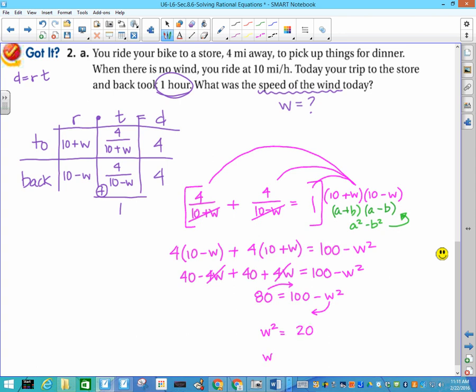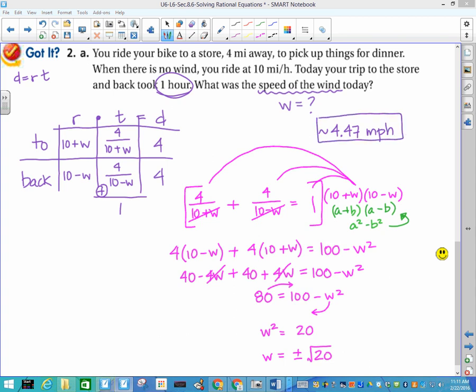And W equals plus or minus the square root of 20. And we have a word problem today, so we don't leave it as that radical. All right, so we're going to put that in our calculator, and when you put that in your calculator, you're going to get an answer, hopefully, of approximately 4.47 miles per hour.